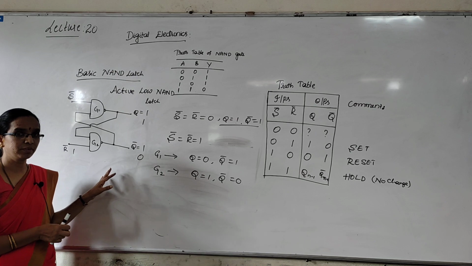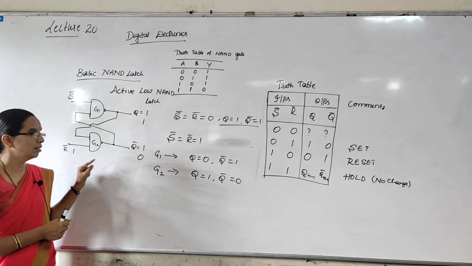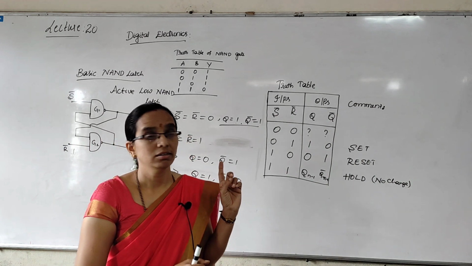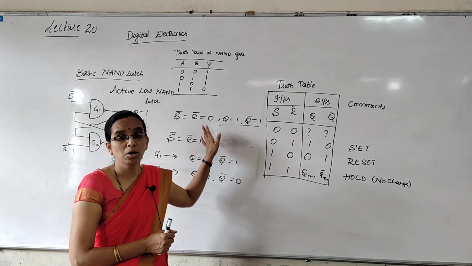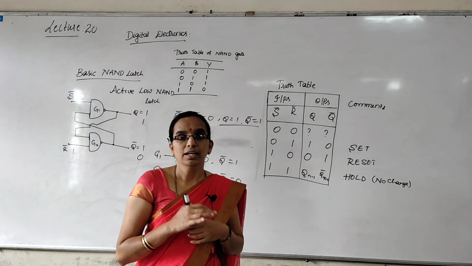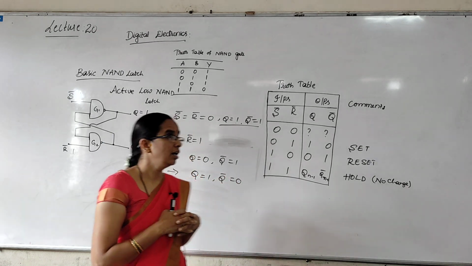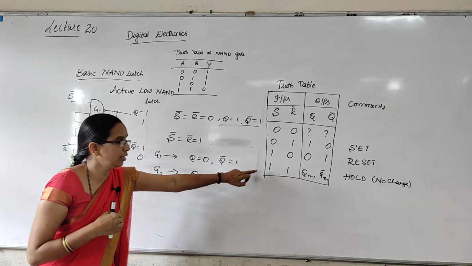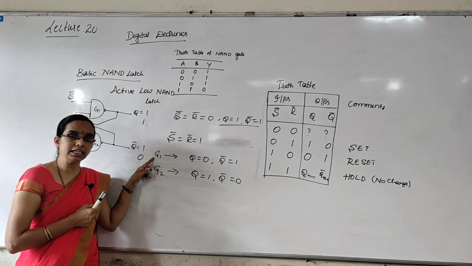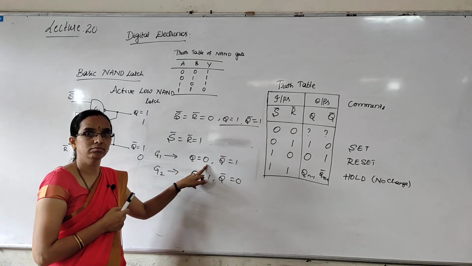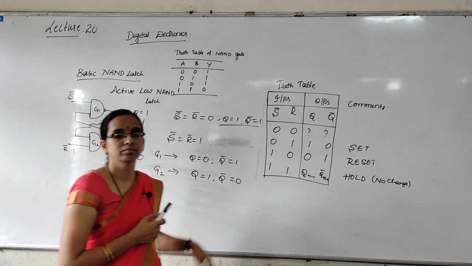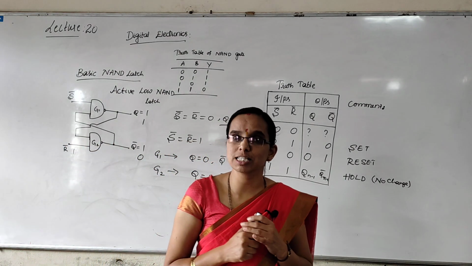That means, when you make both S bar and R bar equal to 0, both the outputs try to attain 1, which cannot be possible. It's okay, they have attained 1, but for the hold state, if you try both S bar R bar equal to 1, if gate 1 works fast, Q will be 0. If gate 2 works fast, Q will be 1. We don't know which gate will respond first.